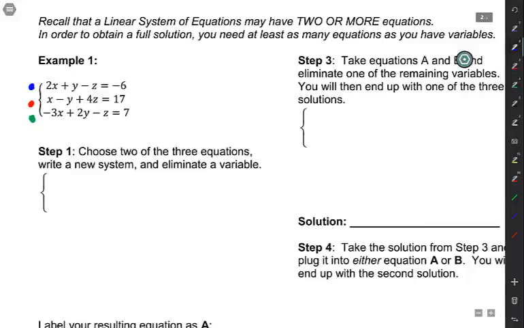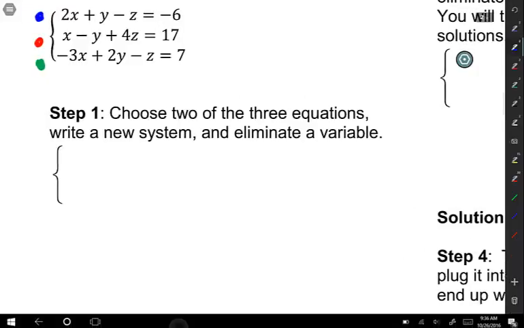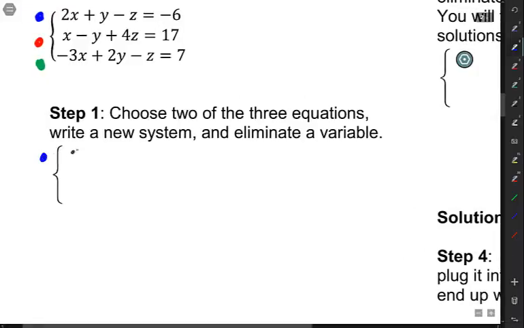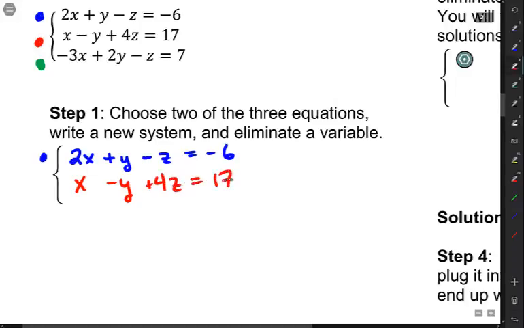Okay, so what is your first step going to be, Madeline? So I would take the blue and the red equations and then rewrite them out to simplify them. So 2x plus y minus z equals -6. And the red equation, x minus y plus 4z equals 17. And once again, your objective is eliminating the y value.